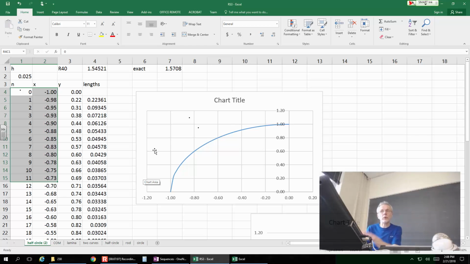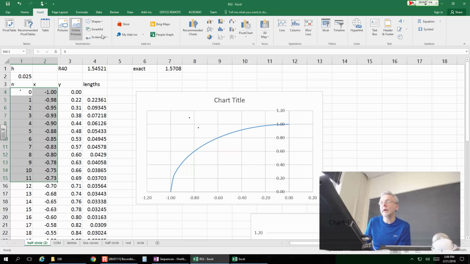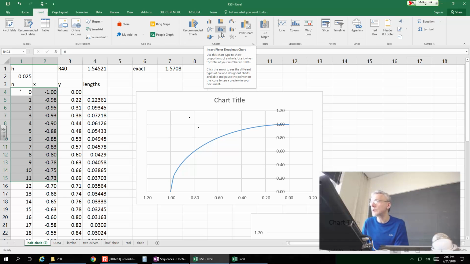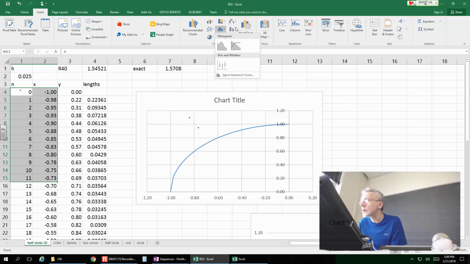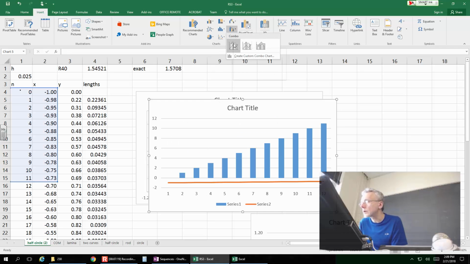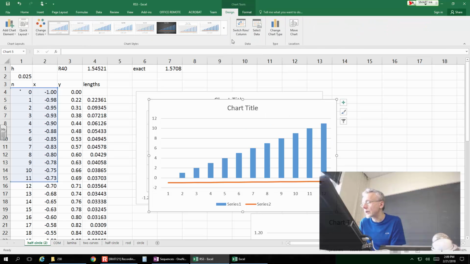So I am ignoring y, and I'm plotting simply how x depends on n, and just to make that point, I'll plot it with bars. Maybe this one. There it is. That's right. Okay, so that was highlighted on the left. I plotted on the right, so you can see it.